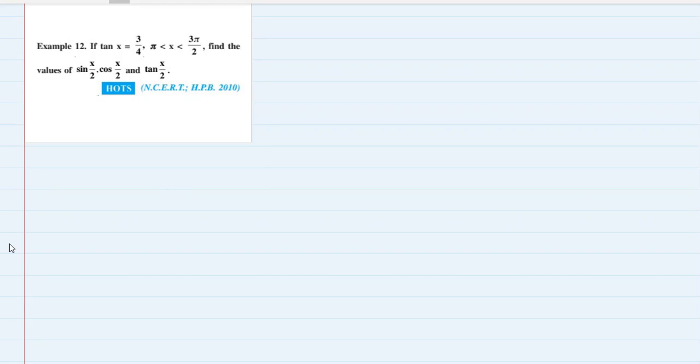All students take calculus, or add sugar to coffee, so we know that the third quadrant is positive, and x is in the third quadrant. Find the values of sine of x by 2, cos of x by 2, tan of x by 2. Okay, let's do it.